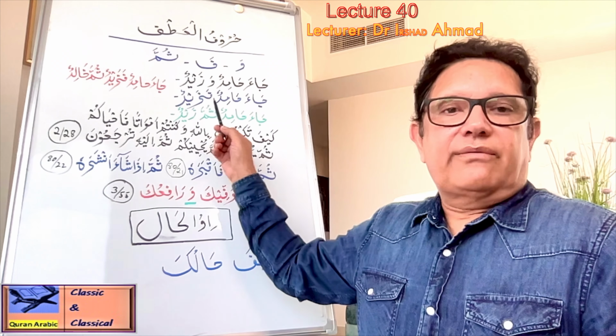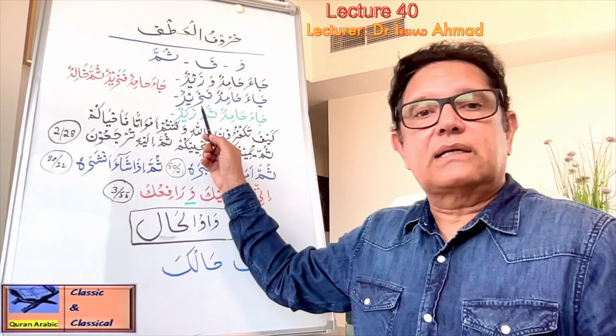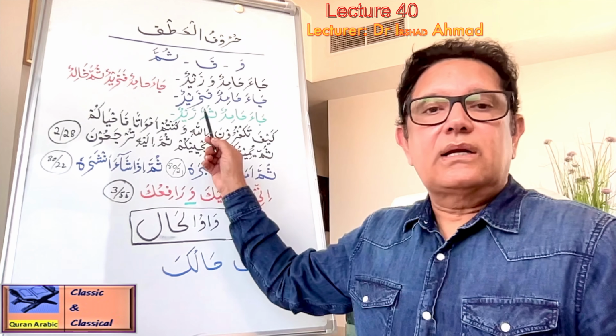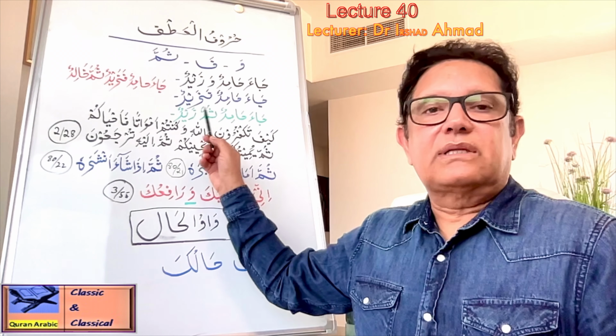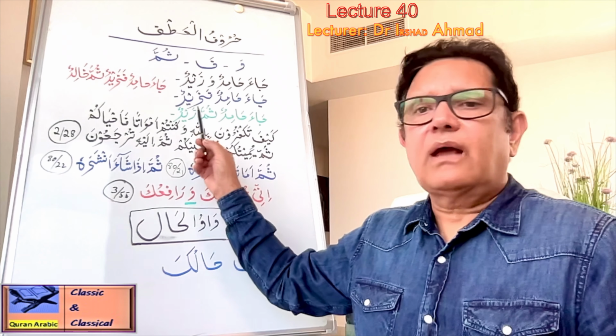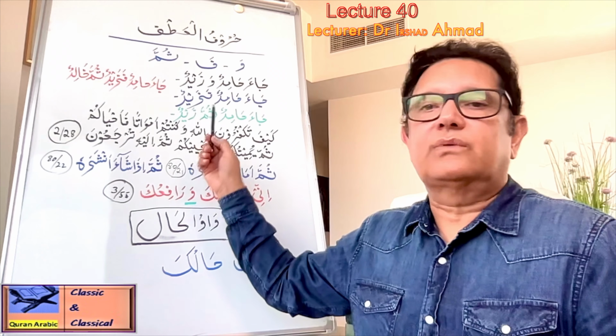Ja'a Hamidun fa Zaidun means Hamid came and soon after that Zaid arrived. So there is not a long interval between the arrival of these two persons. Or if there are events, one event may have happened soon after the other one.